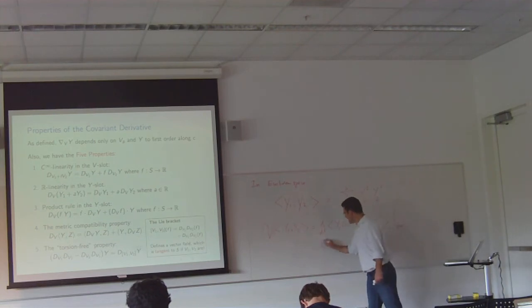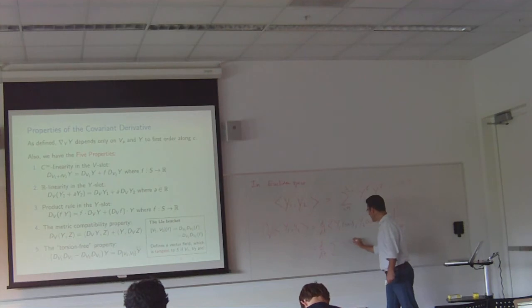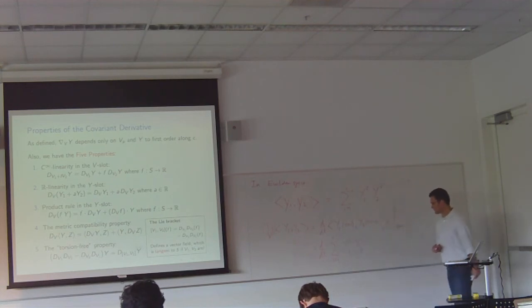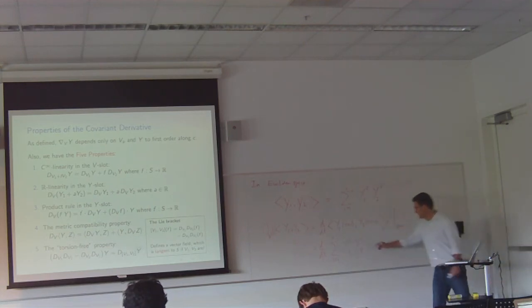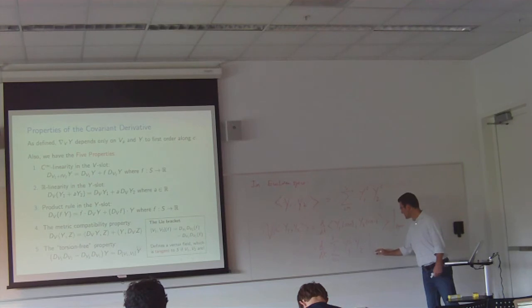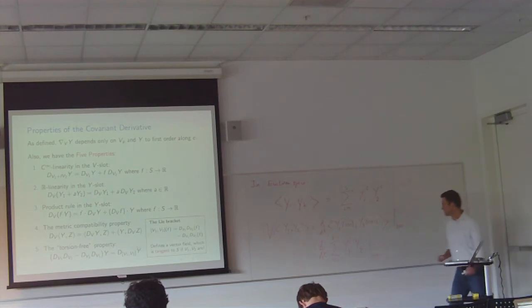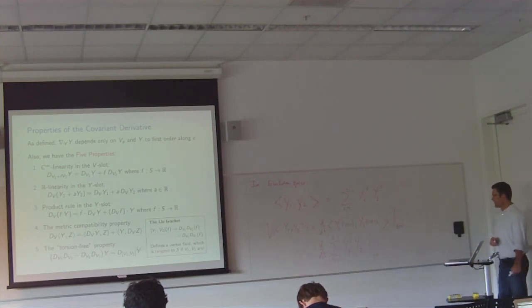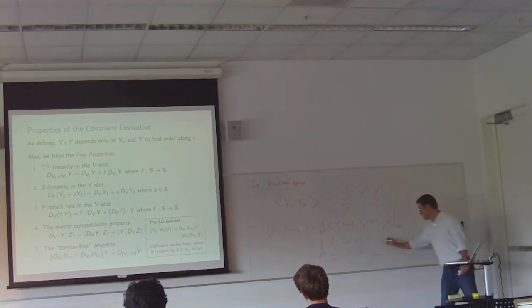So this is basically d by dt of the summation of yi1 times yi2. I'm just suppressing the c of t in there. We know it's there. Okay, so I'm differentiating this product, so again I'm going to use the product rule.